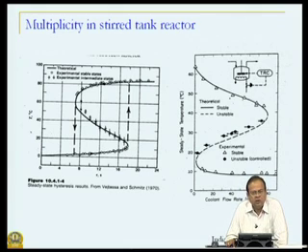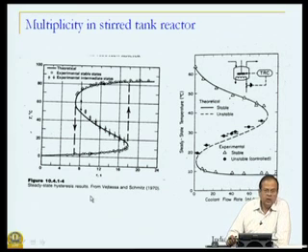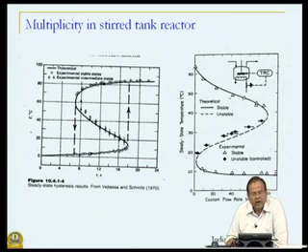The reaction is not that important, but the phenomenon is, because it is observed for a variety of different reactors. The first example we are seeing is the operation of an adiabatic CSTR.